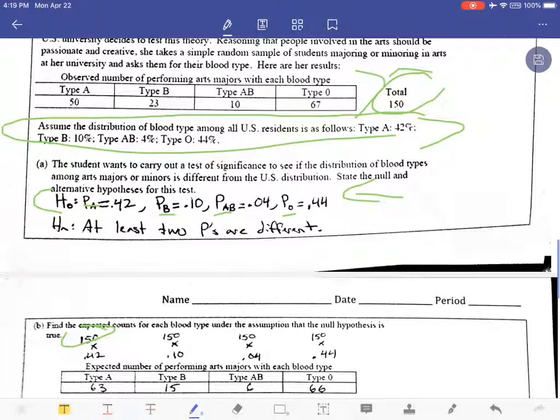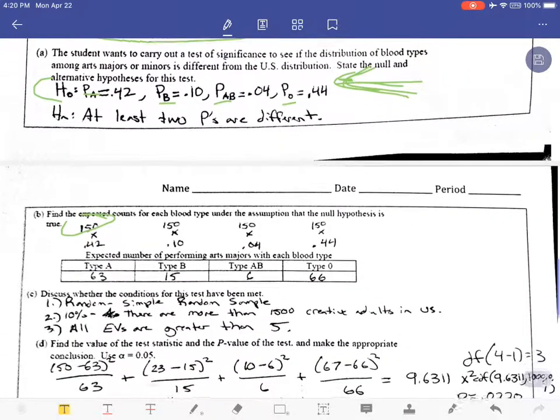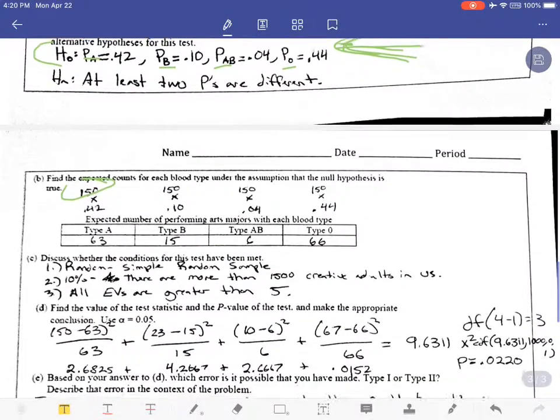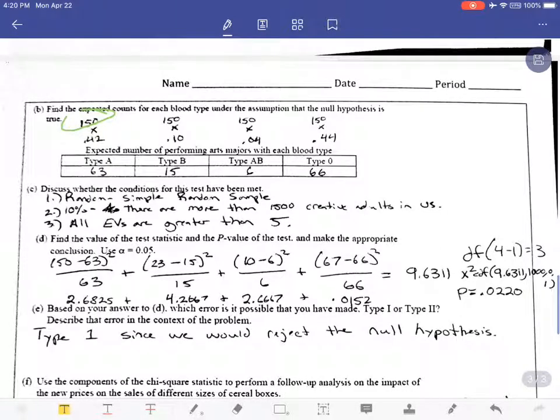Again, we get those numbers by taking the sample size times the no-difference proportions that are listed in our null hypothesis right here. And those are going to be our expected values, which, as you saw in the last video, we have to use for our conditions and our calculation for our p-value.